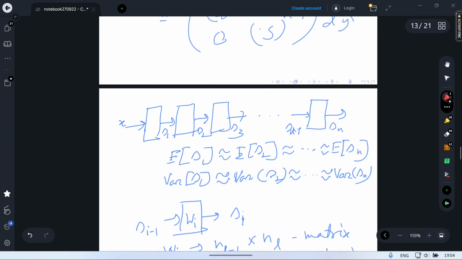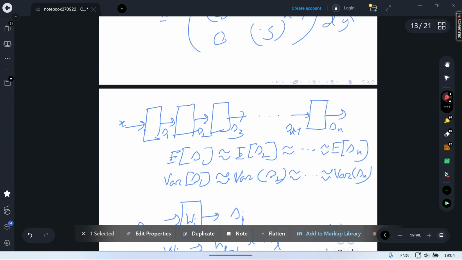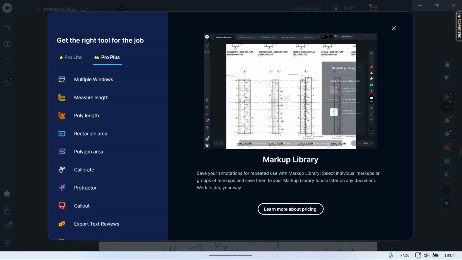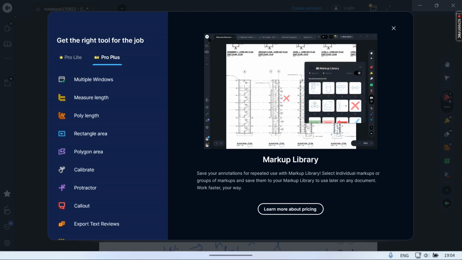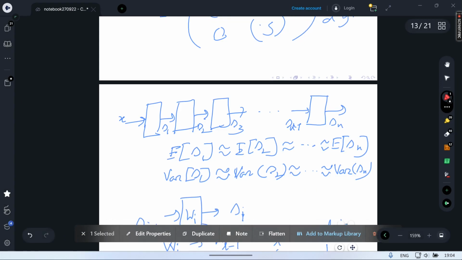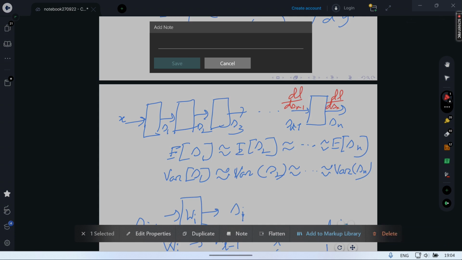Similarly, you can pose an additional constraint, suppose this is dL dSn, and this is dL dS(n minus 1). What happens?